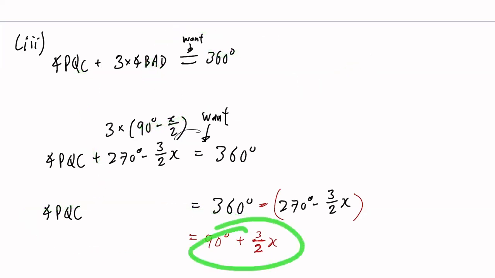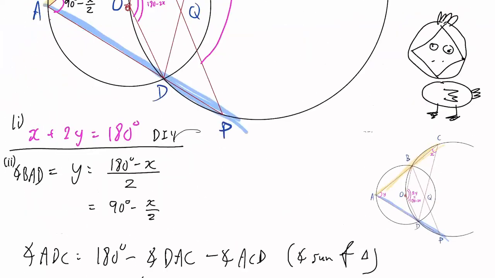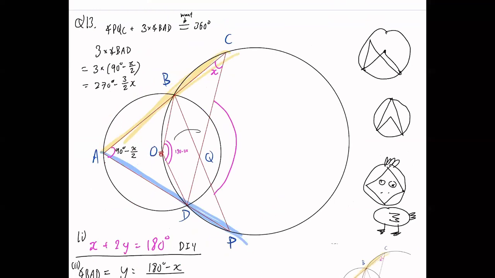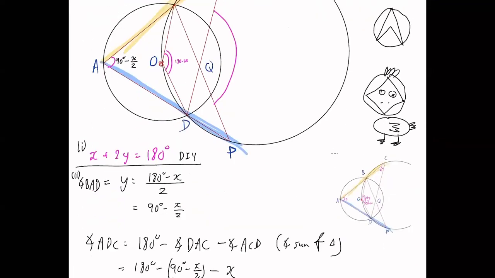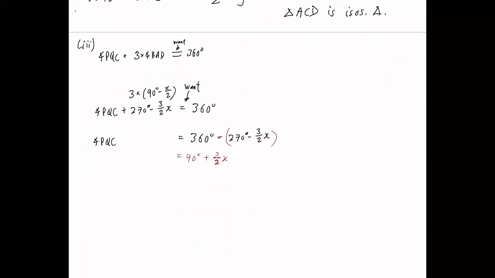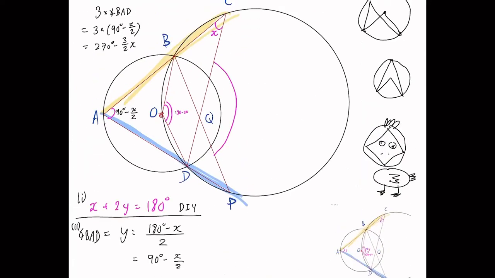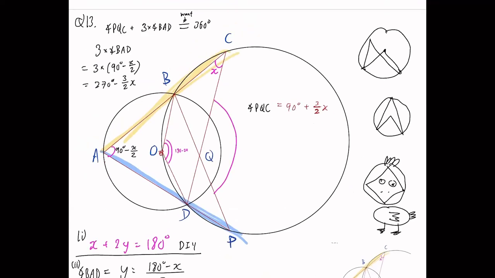So how do we show it's 90 plus 3 over 2x? Our goal, let me write down the goal. Our updated goal is to show that angle PQC equals 90 degrees plus 3 over 2x. Paste it here. Our objective. How?